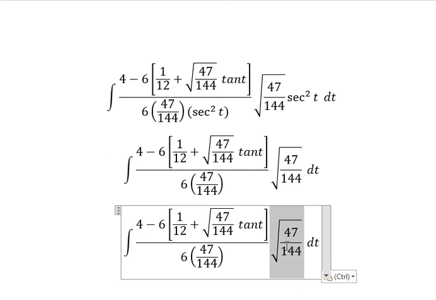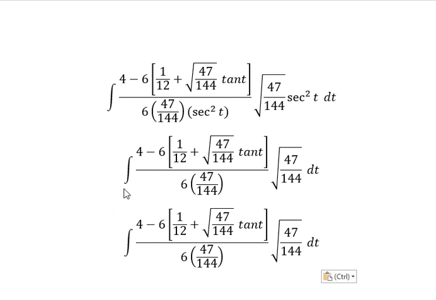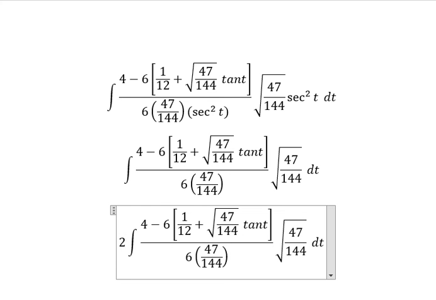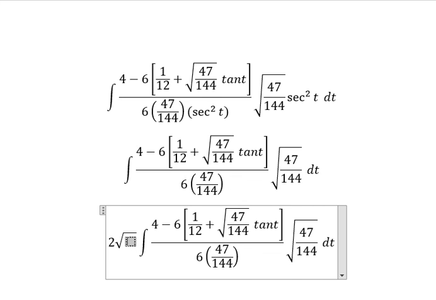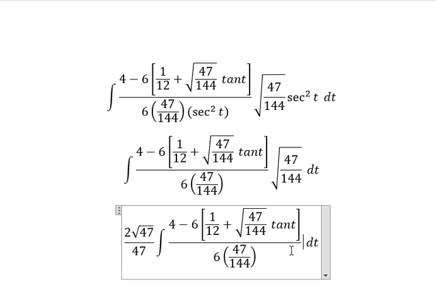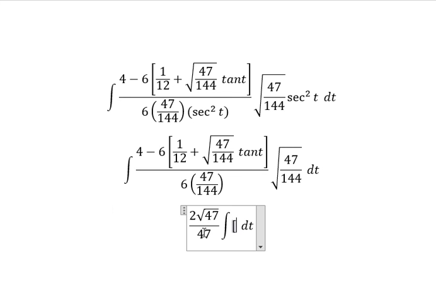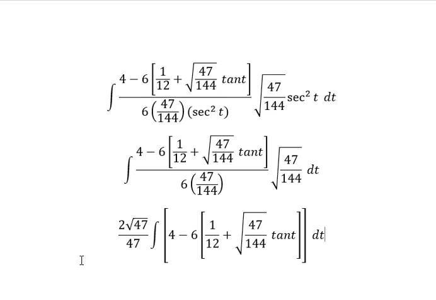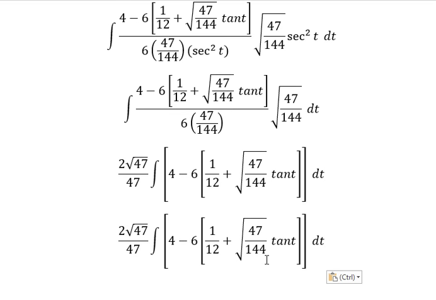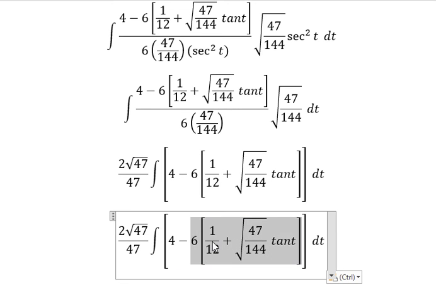Next, I will put this one and this one go outside. And that is number 2 with the square root of 47 over 47. So this one multiply by this one and this one.